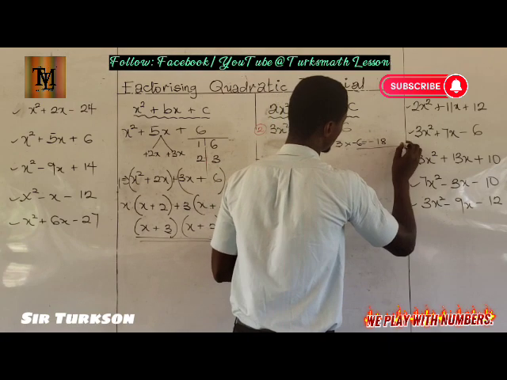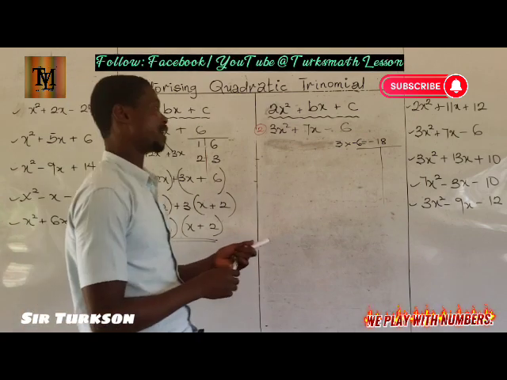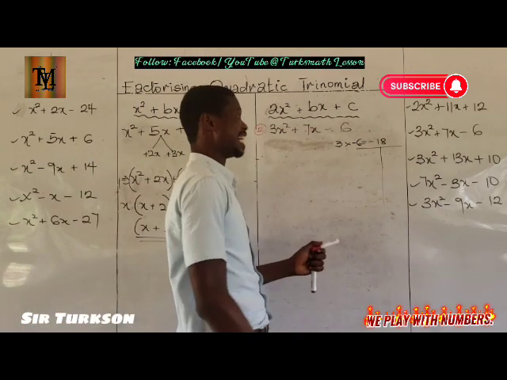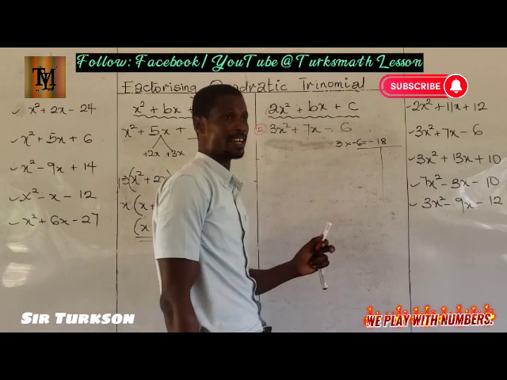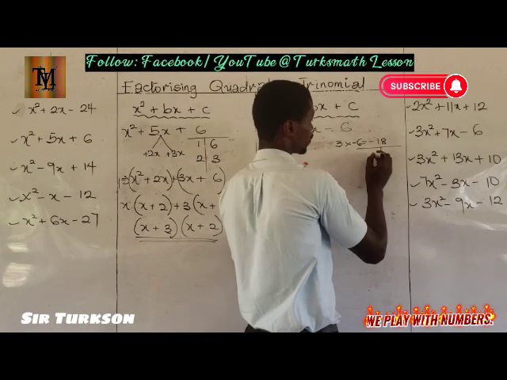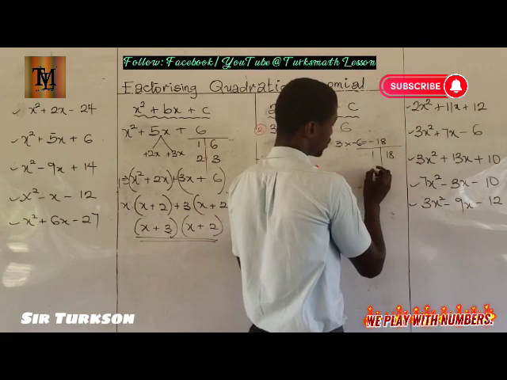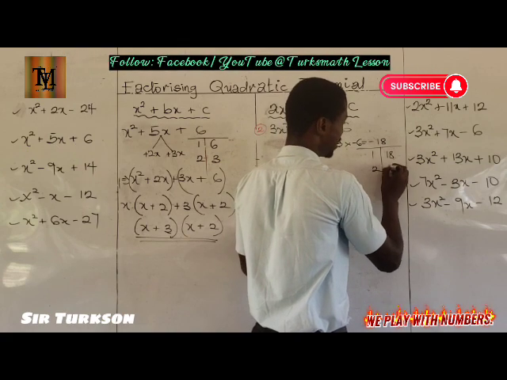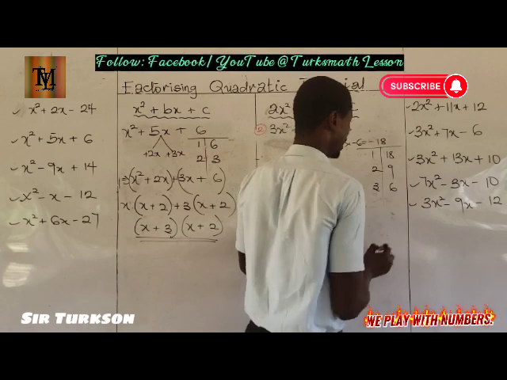Very good. So let's now find factors of negative 18, or factors of 18, direct. Factors of 18. Give them to me. 1 and 18, 2 and 9, 3 and 6. Very good.